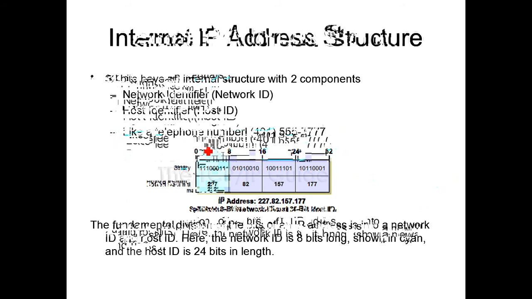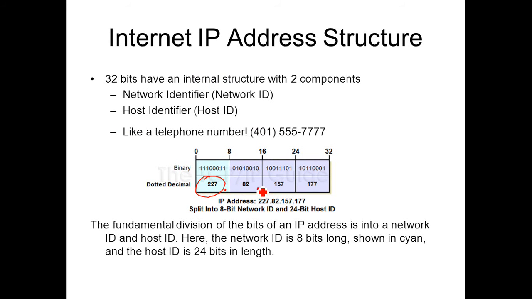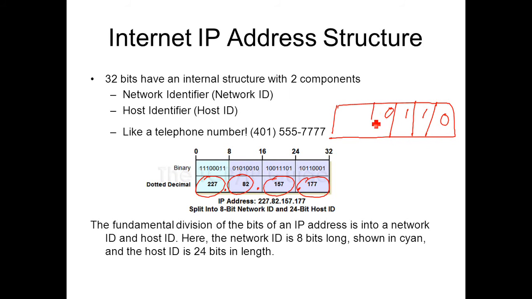So, the IP addressing structure. For example, this is an IP address: 227.82.157.177. If you pick up any 8-bit number, for example 0 0 1 1 0 1 1 0, how do we convert this 8-bit binary number into a decimal number?